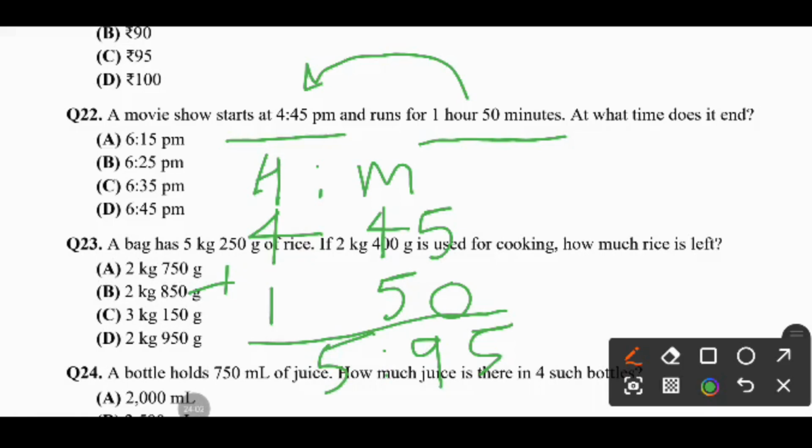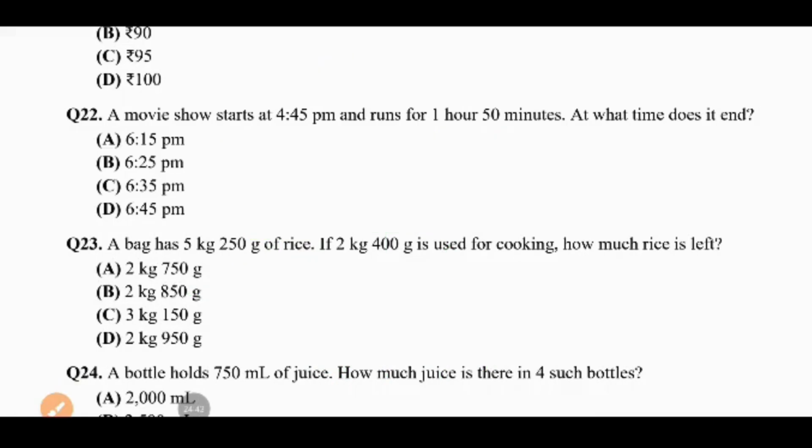The question says a movie show starts at 4:45 p.m. and runs for 1 hour 50 minutes. At what time does it end? Options are in front of you. Those who know, please solve it. Others, please see on the window.